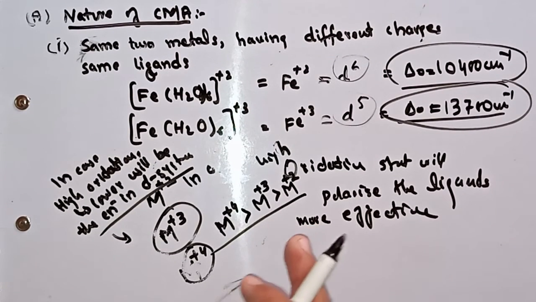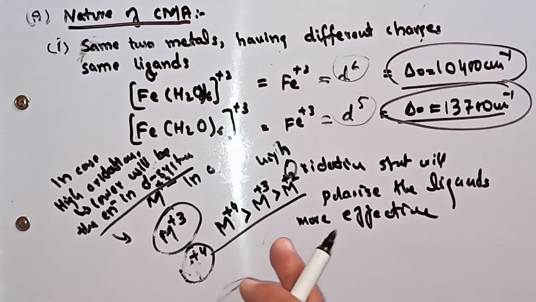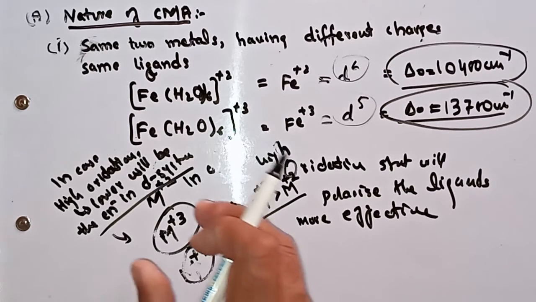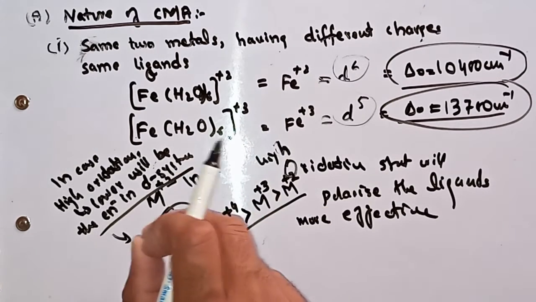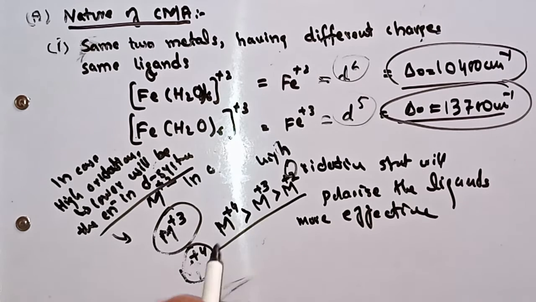That's why crystal field splitting directly depends upon oxidation state. A central metal atom with a high oxidation state will have a lower d system, as compared to an ion with a low oxidation state, which will have more electrons in the d system.